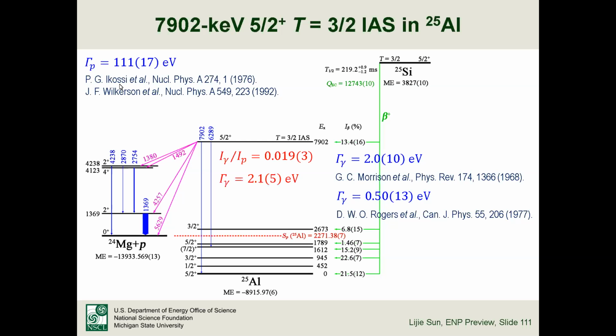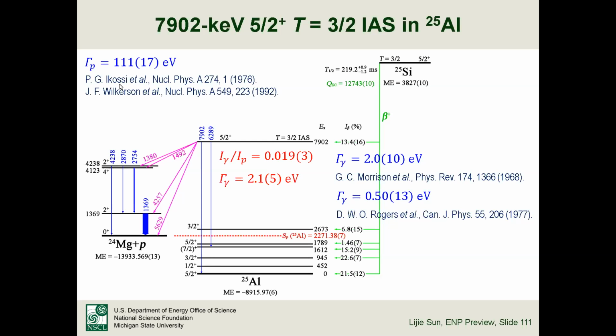We can extract the ratio of the gamma-ray intensity to the proton intensity, because we measure the beta-delayed proton branches and also the beta-delayed gamma-ray branches through this isobaric analog state, and combining with the literature proton width value yields a gamma-ray width of 2.1 eV.